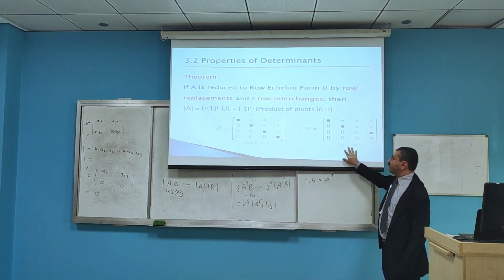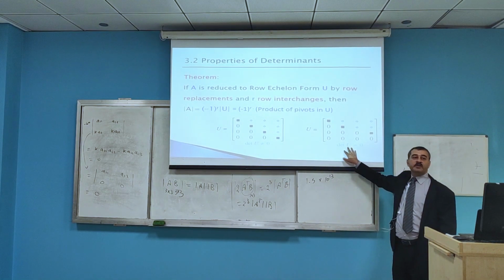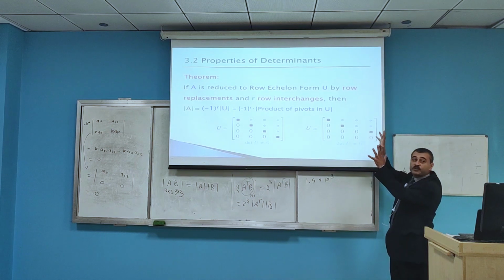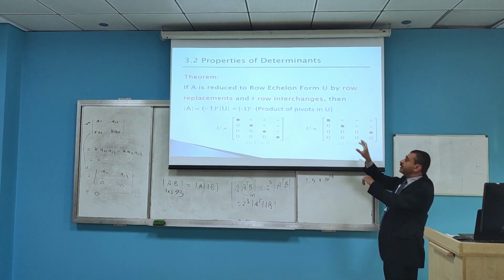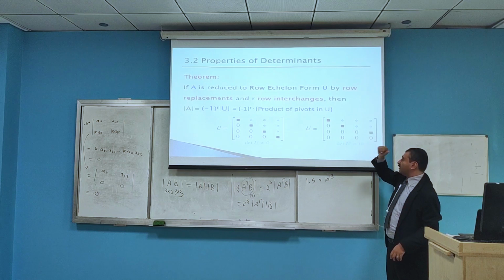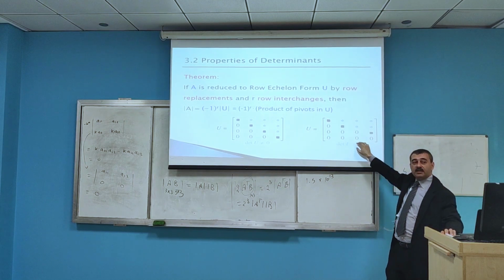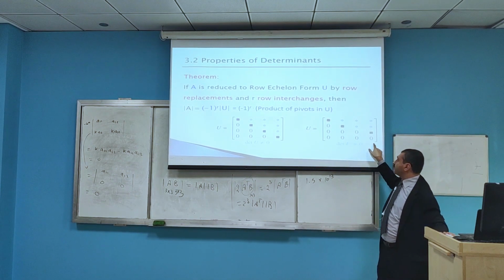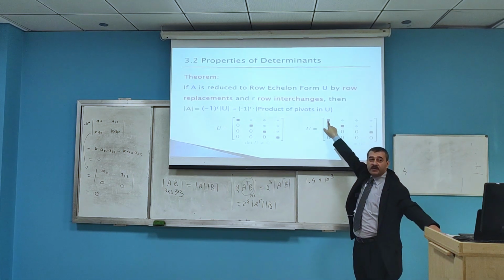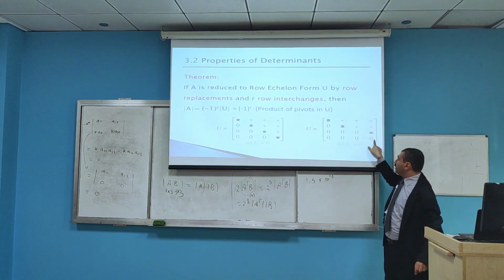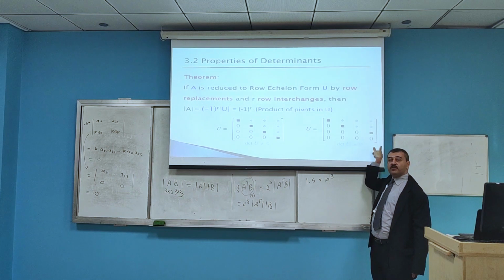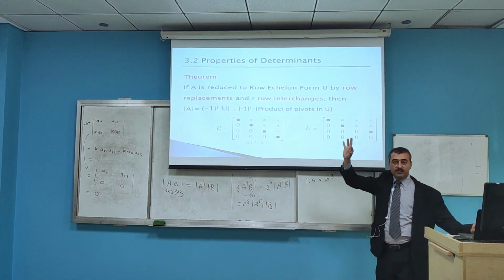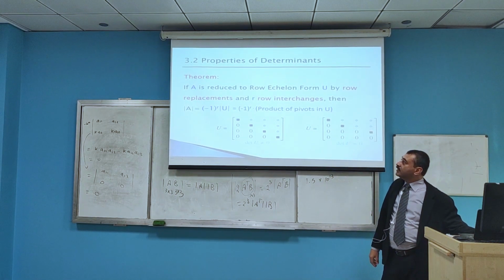But if you get something like this, I couldn't find all my pivots. This is again the coefficient matrix A only. Here I have 3 pivots and actually 4 variables. Then the determinant of U equals 0, because it's upper triangular but you have zeros on the diagonal, so the product of the diagonal entries is 0.